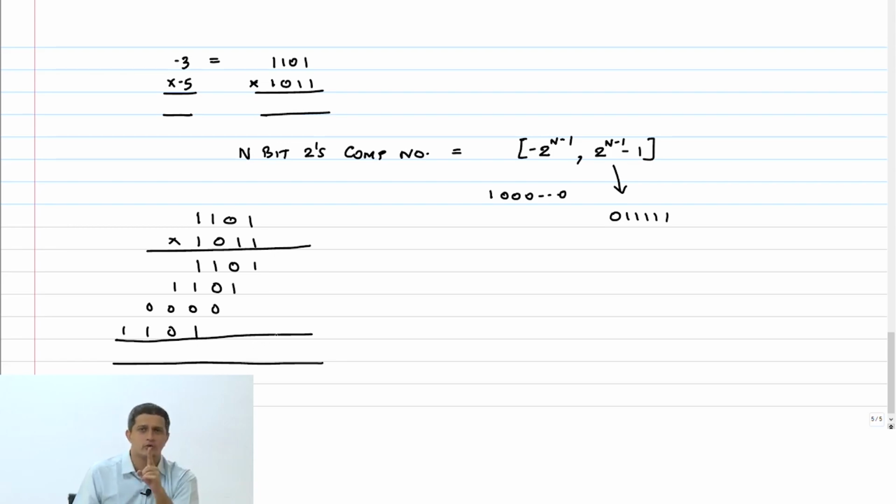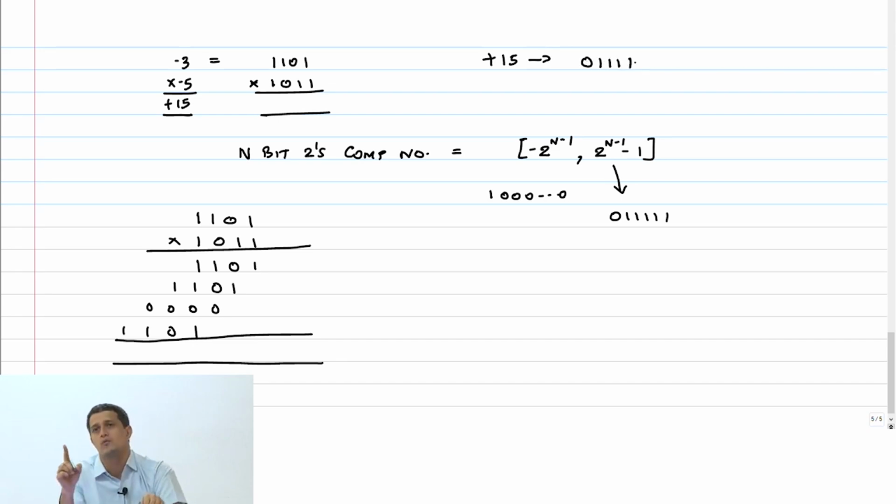What are you supposed to get eventually, by the way? Plus 15, right? This has to be plus 15. What is the representation for plus 15? Very important: plus 15 has to be 0, 1, 1, 1, 1.